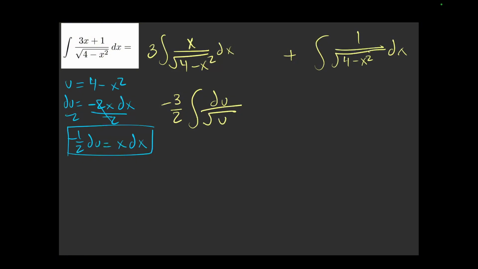We can rewrite this as negative 3 over 2 times the integral of u to the negative 1/2 du.